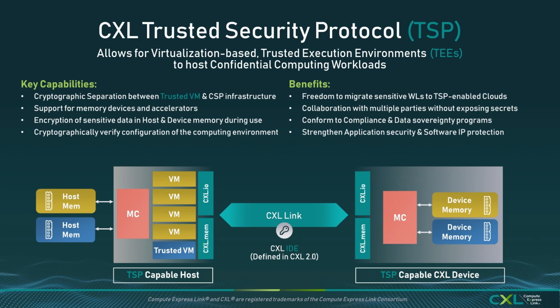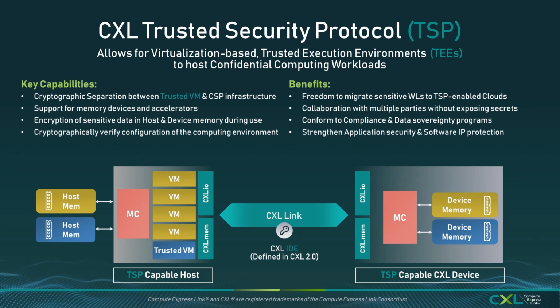So they want a cryptographic separation between the trusted VM and the CSP infrastructure. Infrastructure includes things like the hypervisor itself, management software that the CSP may have, and orchestration software that the CSP may have. They really want to make sure the data in the trusted VM is protected cryptographically.